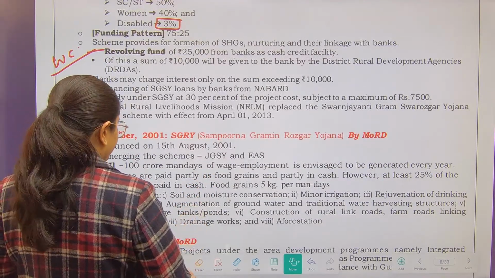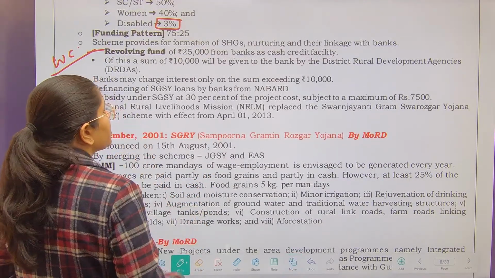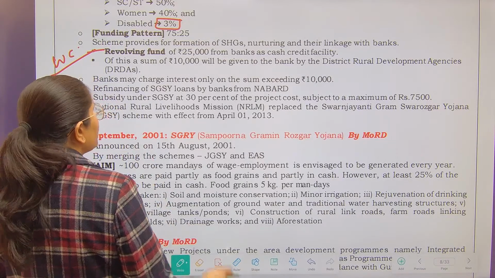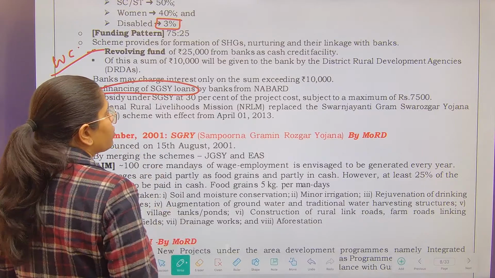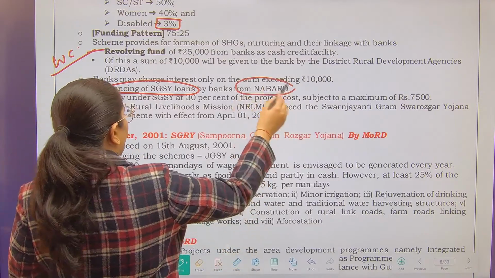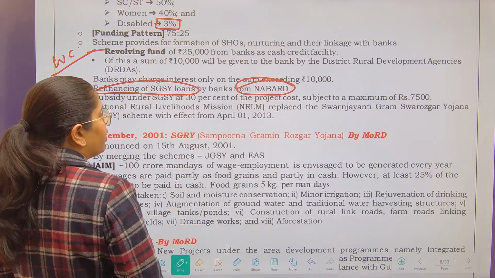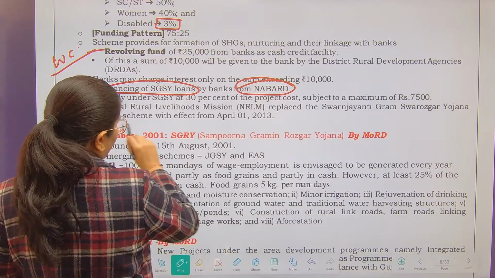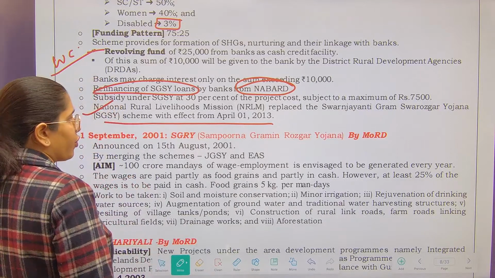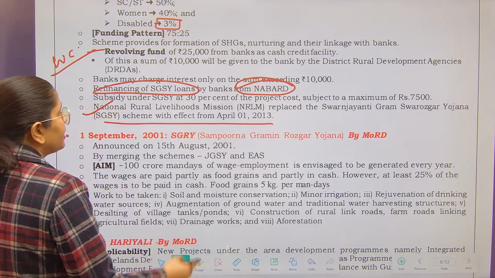Next, banks may charge interest only on the sum exceeding 10,000. Refinancing of Swarna Jayanti Gram Swarojgar Yojna loans by banks from the NABARD. National Rural Livelihood Mission replaced the Swarna Jayanti Gram Swarojgar Yojna scheme with effect from April 1st, 2013.